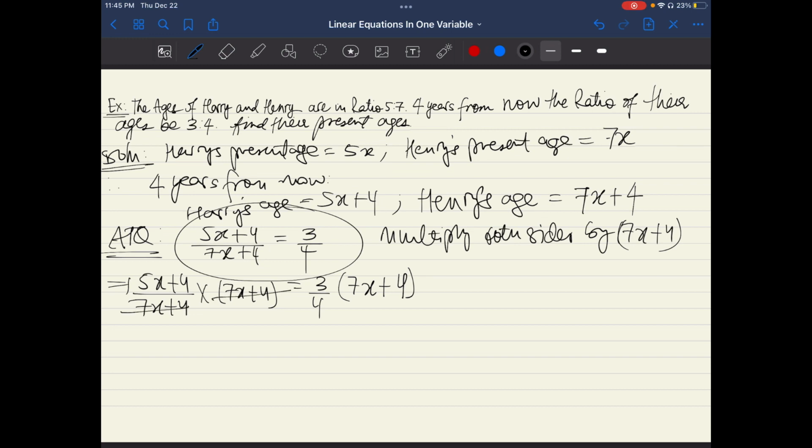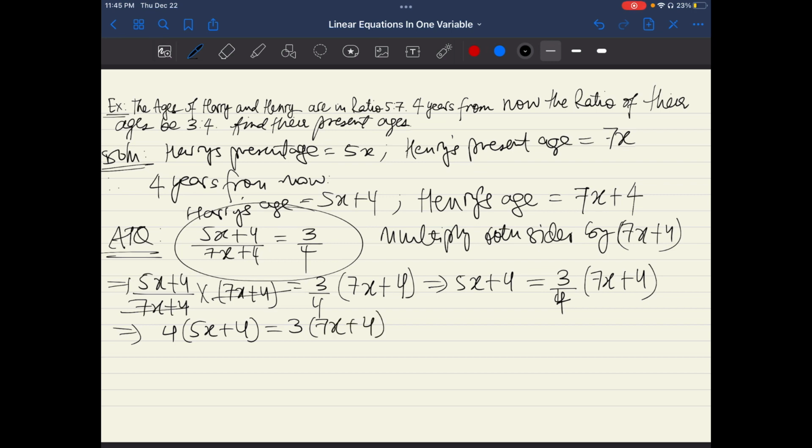Now the x is eliminated from the denominator, and now we are left with 5x plus 4 equals 3 over 4 times 7x plus 4, which is equal to 4 times 5x plus 4 equals 3 times 7x plus 4. Simplifying this, we get 20x plus 16 equals 21x plus 12.